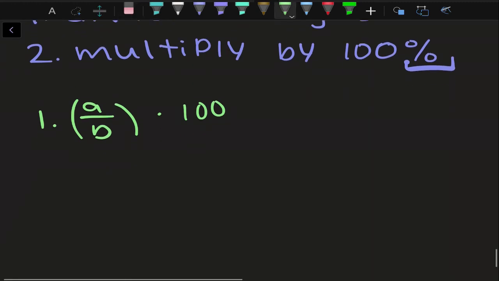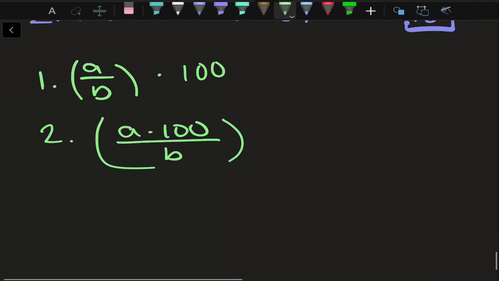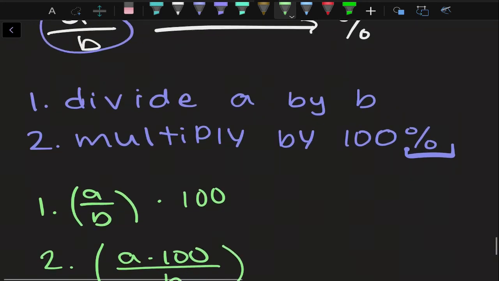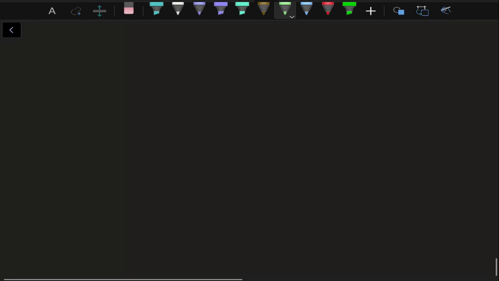So then, what we would do is we'd have A times 100 divided by B. Now we'd do our division, and then step 3 would be to add the percent sign on at the end. So for the next couple of examples, I'm going to use both ways. Again though, which way you choose to do it will be your own preference. It's going to be up to you.